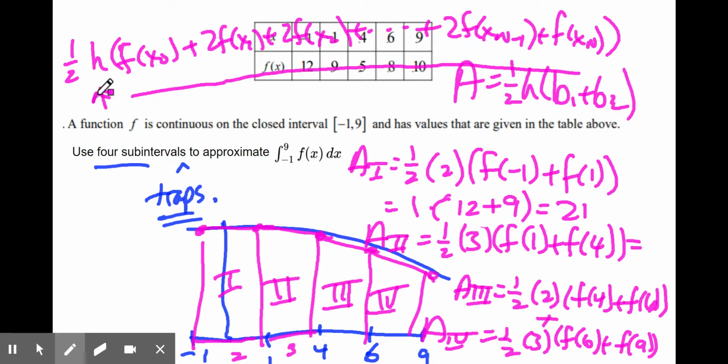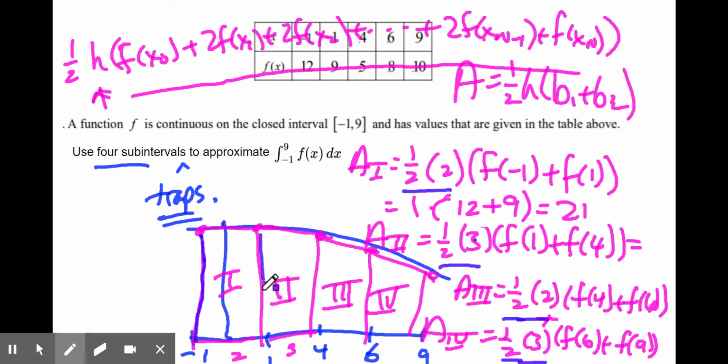And if all the heights are the same from each one of these formulas, now our heights here aren't the same, but every one of the formulas has the 1/2 in common. You could factor out the half, put it in the front, and then if all of the heights were the same, you could factor those out also. Then you'd be left with, and you can see it on the picture, f of -1 is used once.